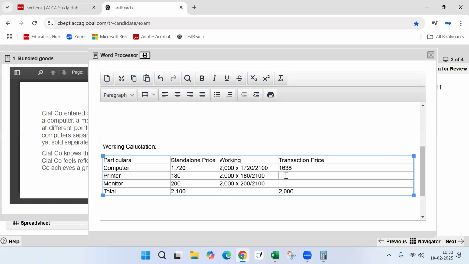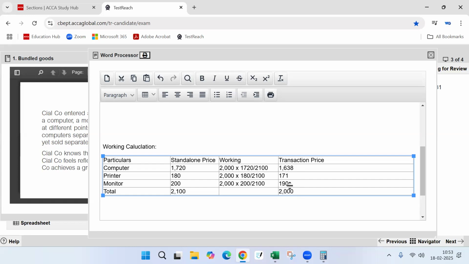So the amounts are 1638, then 171, then 19. But there will be a round-off error, because the last digit will be 8 plus 1, 9, so it won't total 2000.